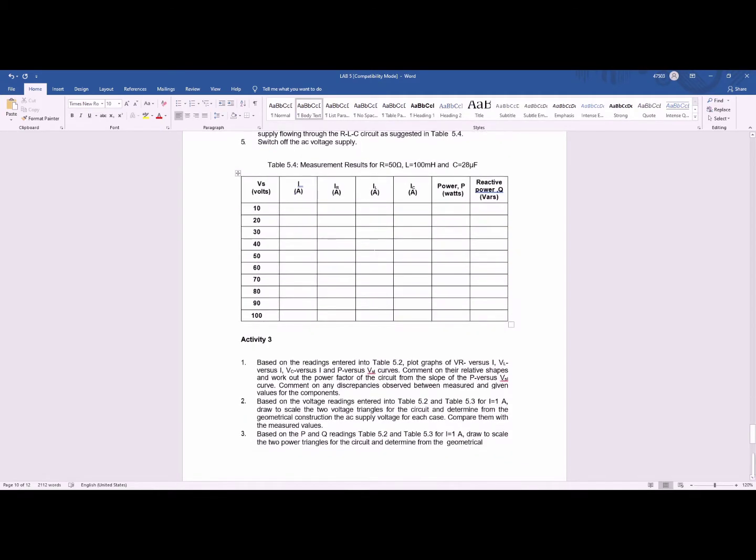What we want to observe is the total current, the current that flows through the resistance, the current through the inductance, and also the current through the capacitor. We also want to find the power of the circuit and the reactive power of the circuit.